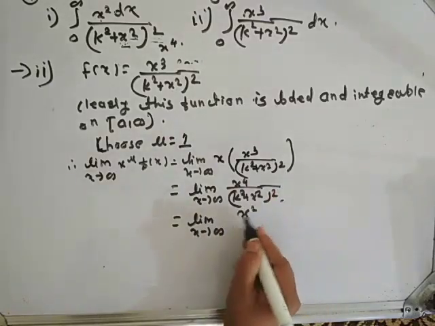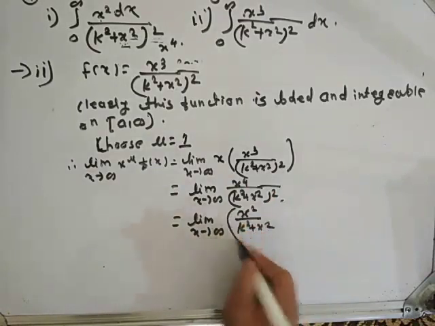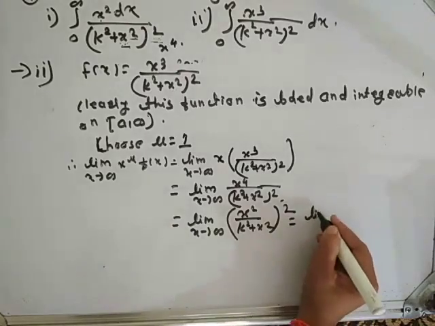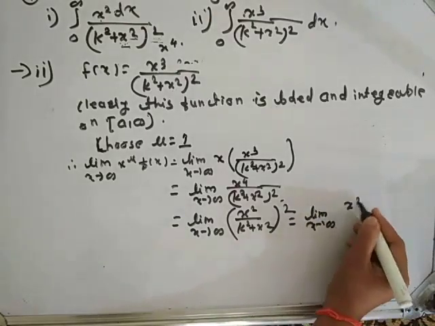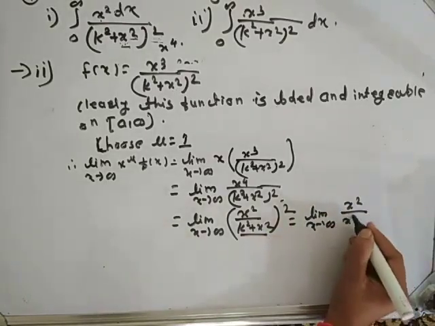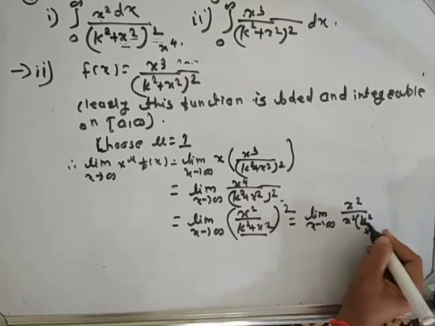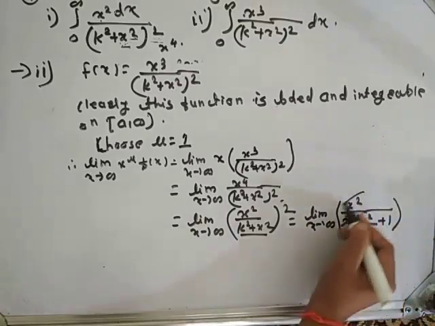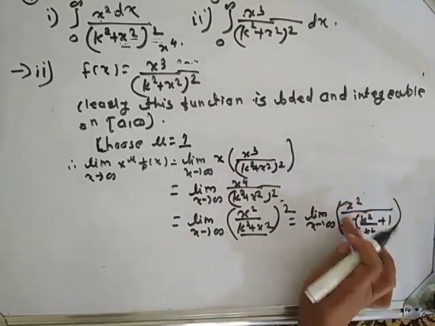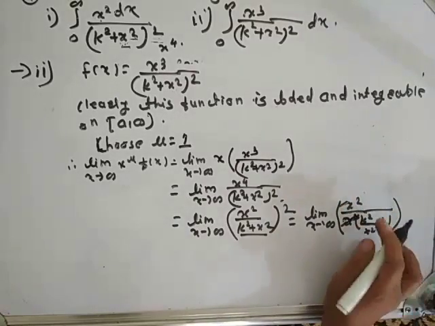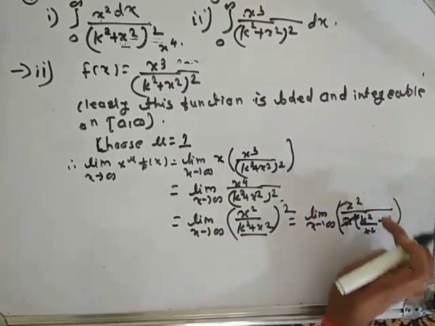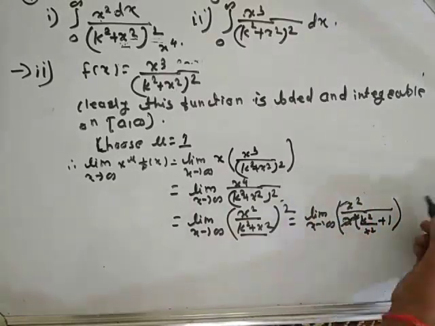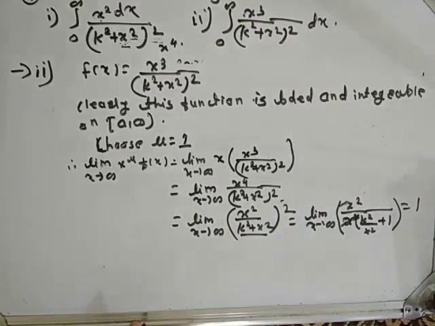This can be written as x square upon (k square plus x square) whole square. Take x square common, so we will get k square upon x square plus 1. In the next step x square gets cancelled, remains only limit x tends to infinity 1 upon (k square upon x square plus 1). And if we apply the limit x tends to infinity, this limit is 1.